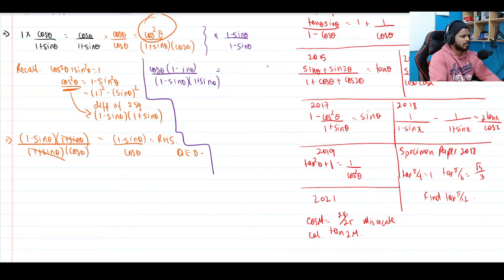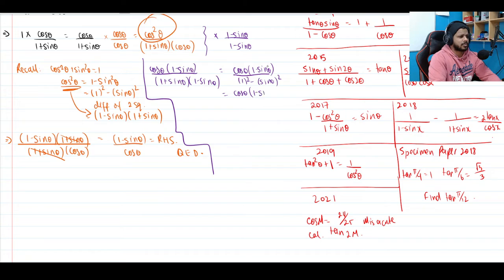Minus, plus, minus. Good. Makes life a lot easier now. The denominator now becomes my difference of 2 squares. I end up with cosine theta into 1 minus sine theta over, this here becomes 1 squared minus sine theta squared.